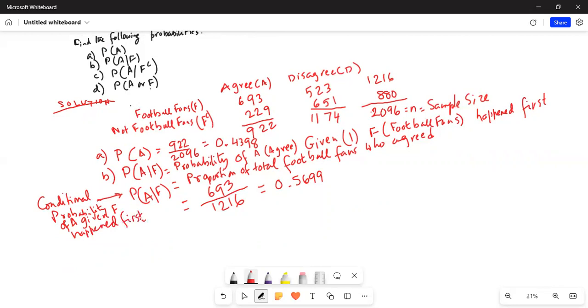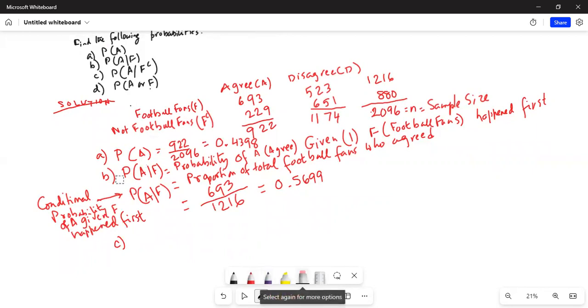This is where people stumble. They do not realize that the first thing that happened is the football fan. Out of those football fans, how many agreed? That is why it is a conditional probability. The condition here being that the people who are selected are football fans in calculating this probability.